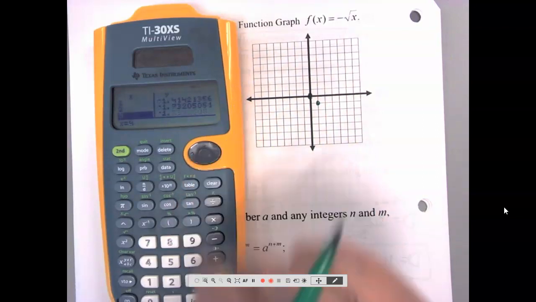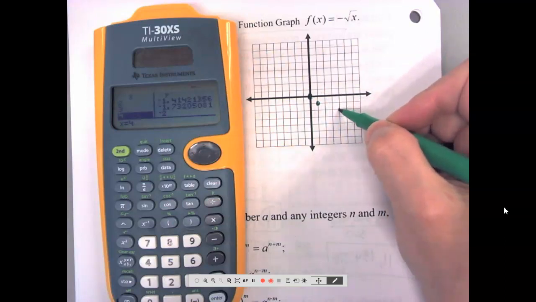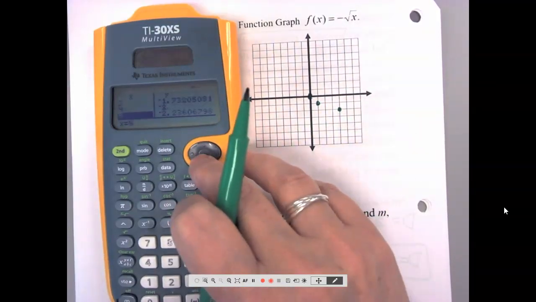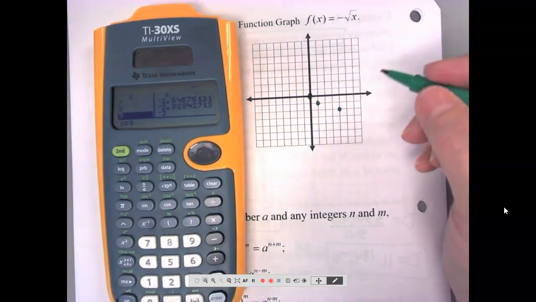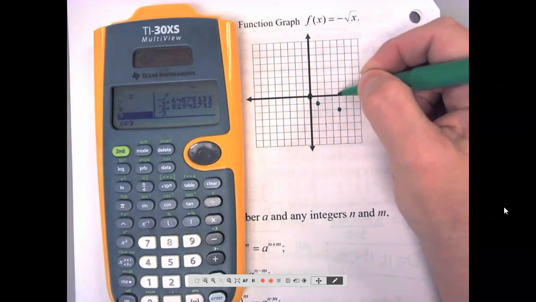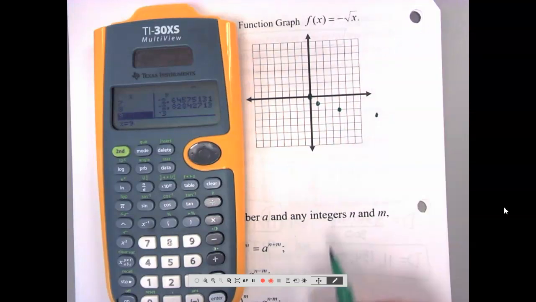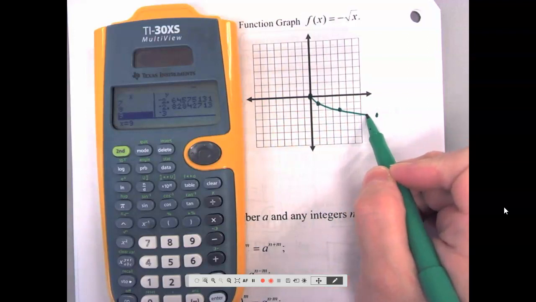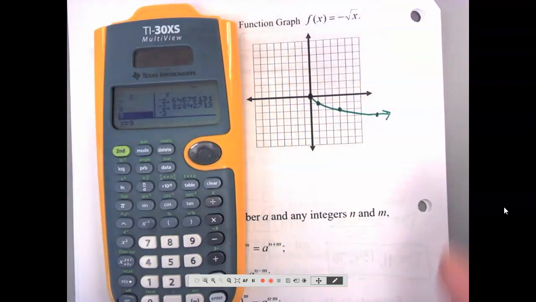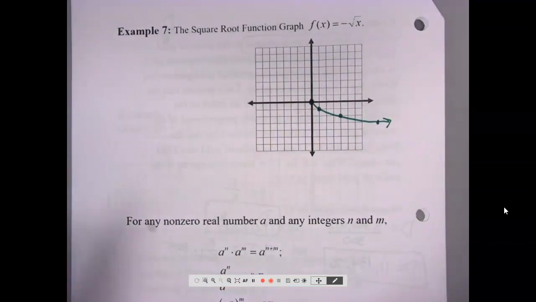Fraction, fraction, fraction. There's another integer. 4, negative 2. And I don't even think I have room for my next one, which occurs at 9, negative 3. 1, 2, 3, 4, 5, 6, 7, 9, somewhere over there, negative 3. Okay, so that tells you how steep or not steep to make it. And there's the bottom half of our sideways parabola. Question?